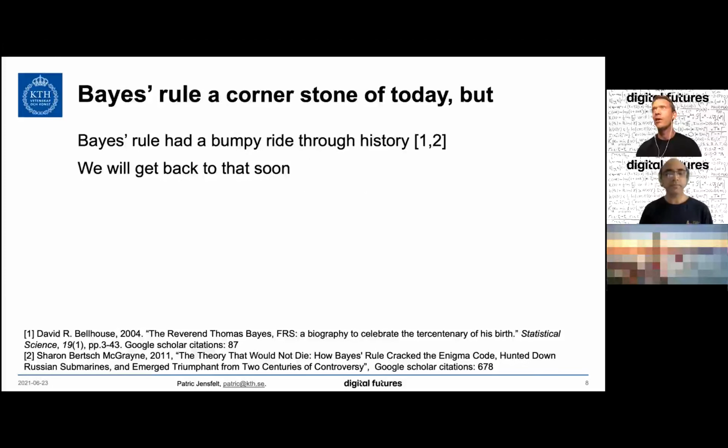But now, this conflict between frequentists and Bayesians really became very, very vivid when I studied this material. And I hope to tell you a bit more about it. It had a really bumpy ride through history, and we'll get back to that. But first, we'll look at a bit more basic probability.